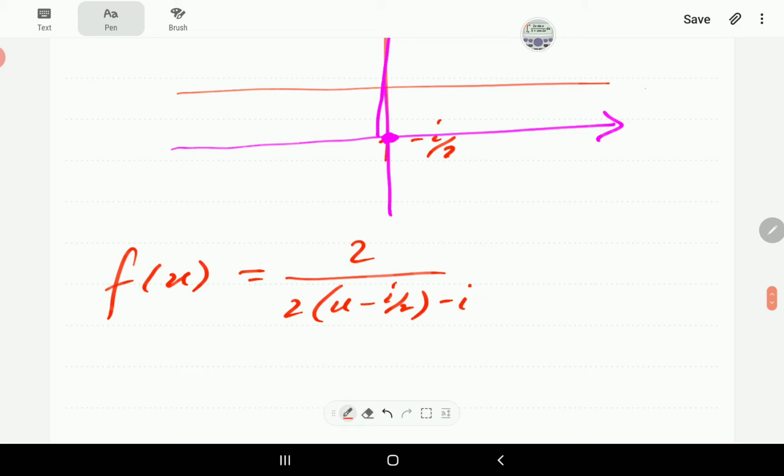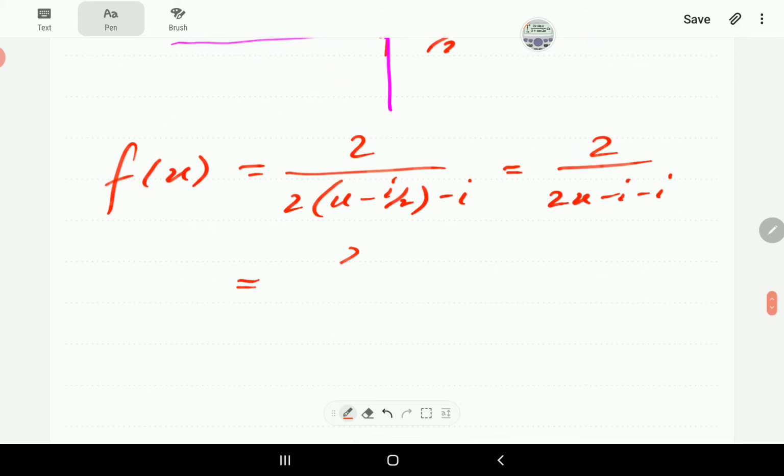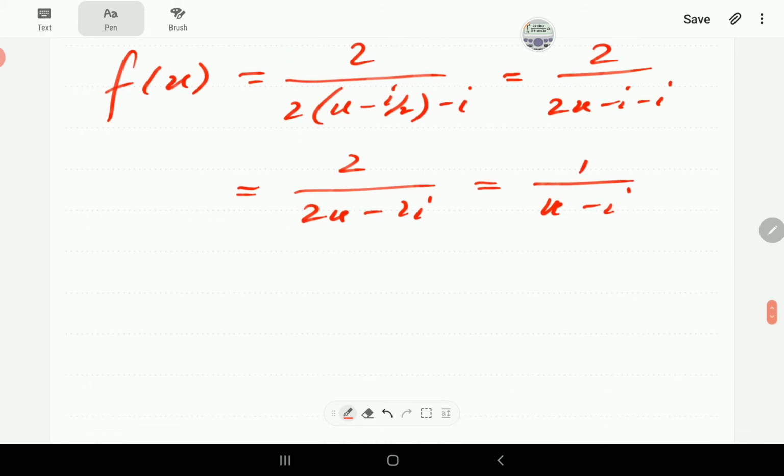So minus i here. And so this is going to be 2 over 2u minus i minus i. So this is 2 over 2u minus 2i. And 2 is common everywhere. So it's the same as 1 over u minus i.